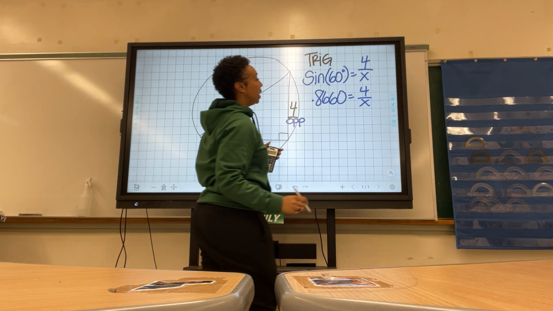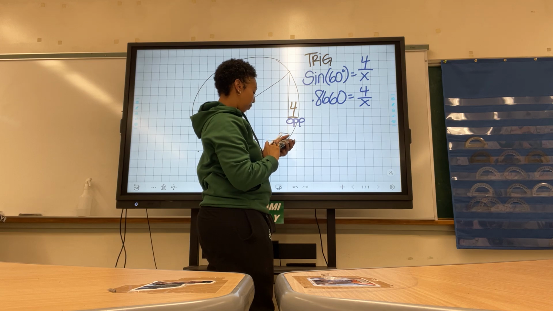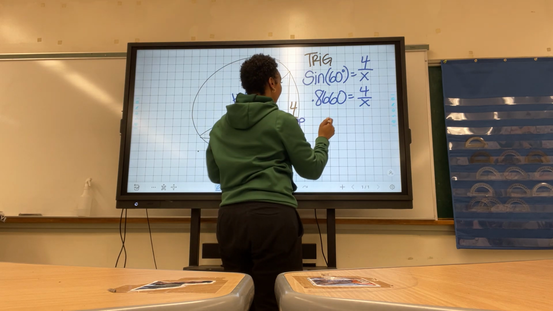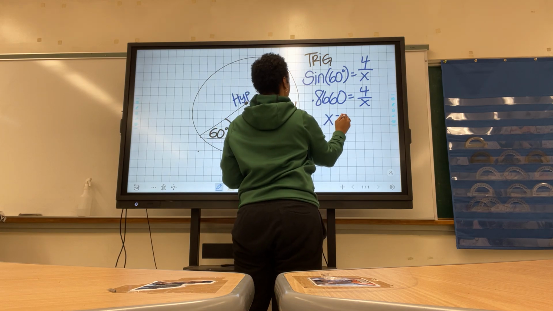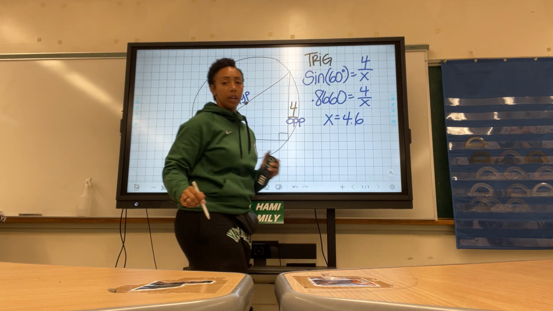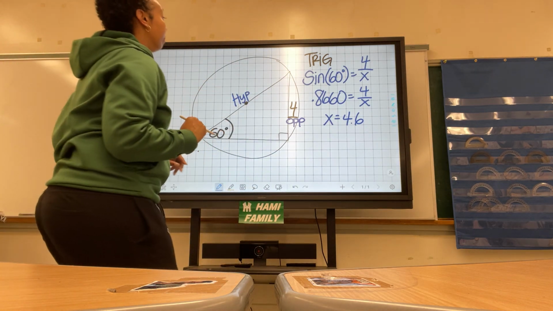And remember, when our number is on top, we divide. So we're going to do 4 divided by 0.8660, and we get x equals 4.6-ish. Okay? Again, I'm rounding to the nearest tenth, so that's where that came from.